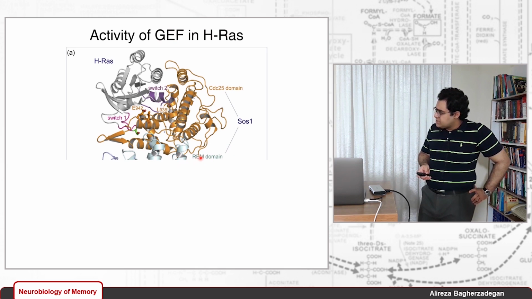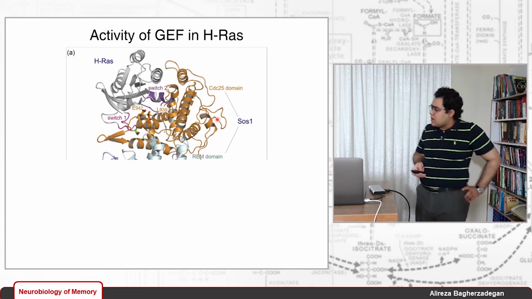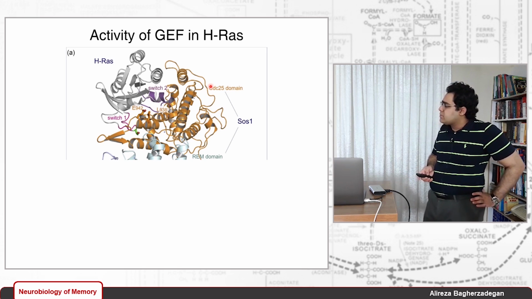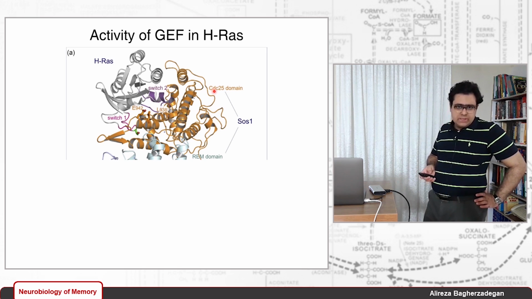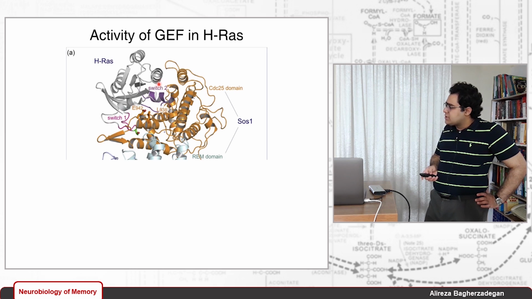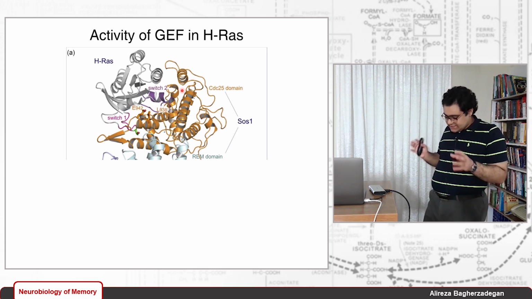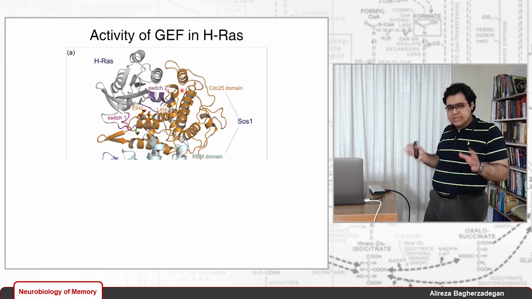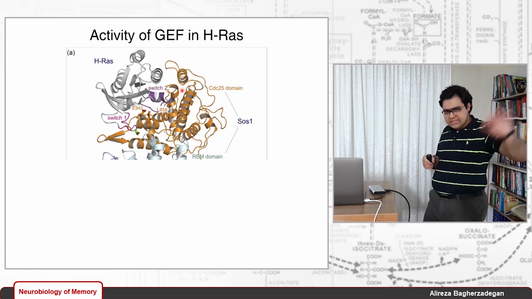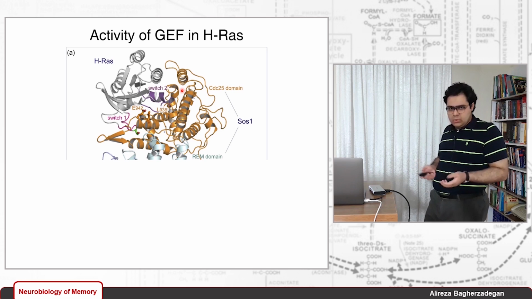It has two domains: the Ras exchange motif domain, or REM domain, and there's an N-terminal catalytic domain, or CDC25 domain. And this is the H-Ras. You can see switch 1 and switch 2 of the Ras. How does this SOS protein, or GEF, promote the release of GDP?